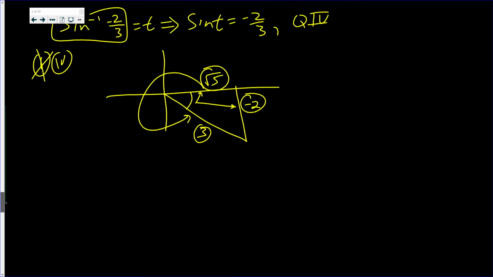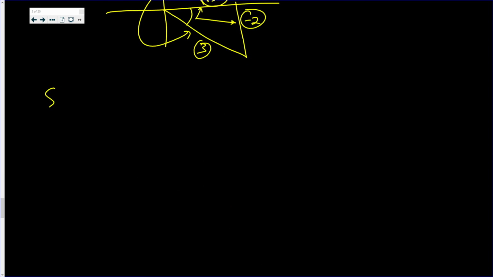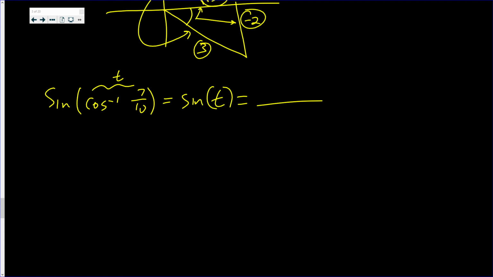What if we want to compute the sine of the cosine inverse of 7 over 10? This is an angle t, and we want to know the sine of angle t. We know that the cosine inverse of 7 over 10 is t.